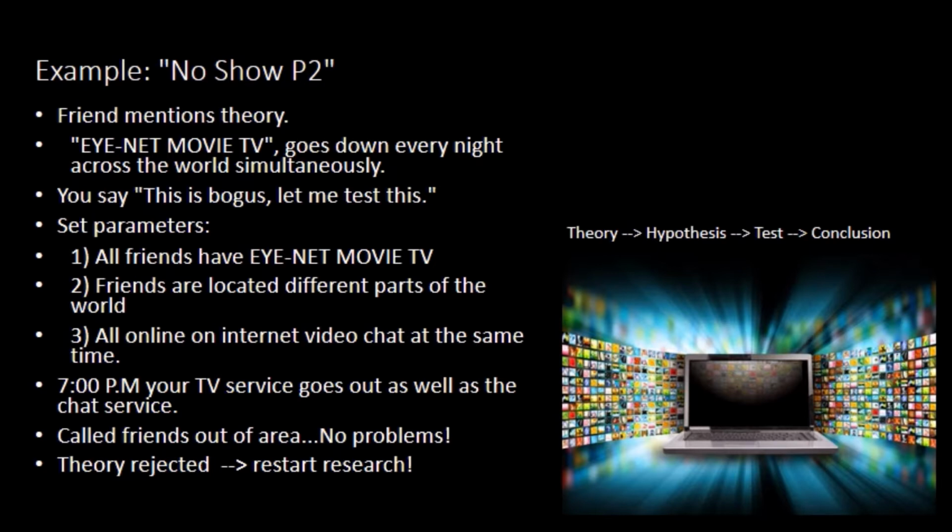First, everybody has to have iNet Movie TV. Does everybody have iNet Movie TV? Yeah. Okay, good. Now, it goes down across the world, so friends must be located in different regions across the world.